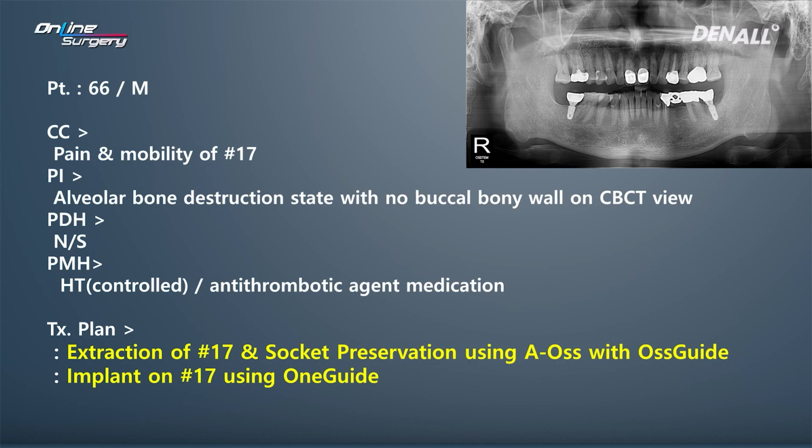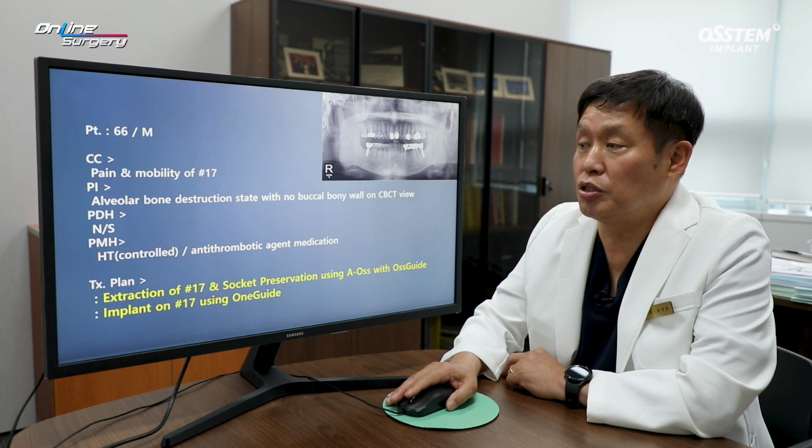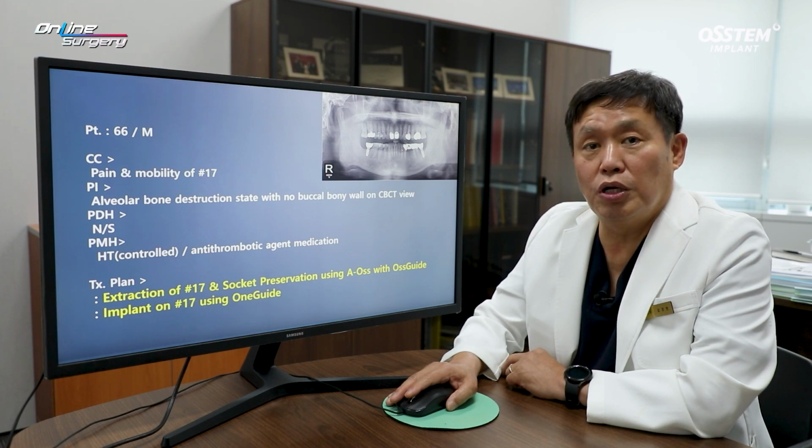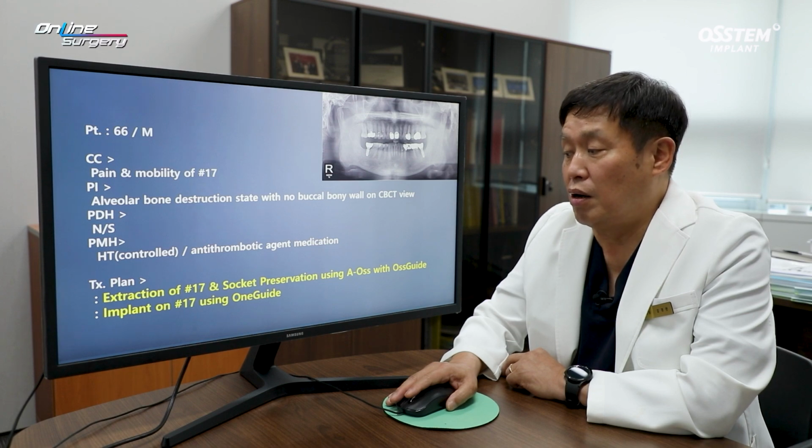In terms of medical history, the patient had controlled hypertension and was taking antithrombotic agent. There were no major issues, and we did not ask the patient to quit drug intake. Extraction was done in number 17 first because there was no bony wall on the buccal side.